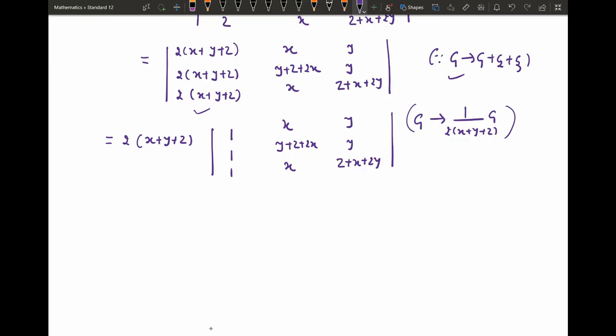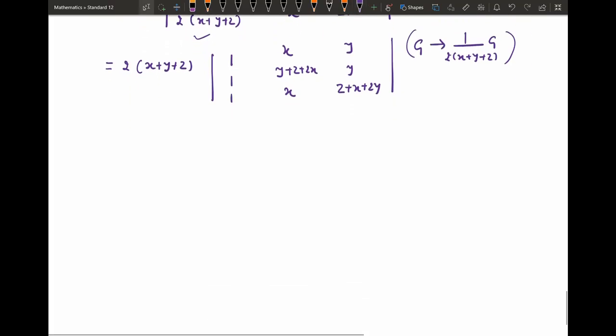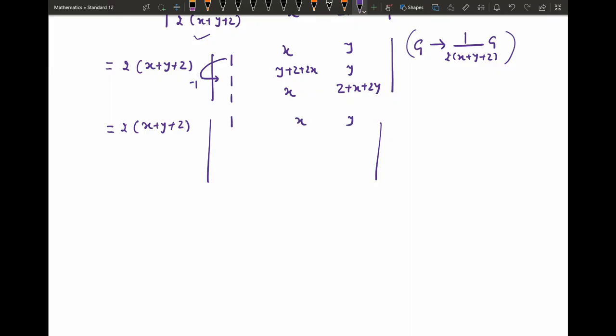Now 1, 1, 1, so let us make 2 entries as 0, and then we can expand using first column. So 2 into, this is as it is. Now if we multiply this by minus 1, add here. First column as it is, 1, x, y, first row as it is. Now we perform R2 to R2 minus R1.